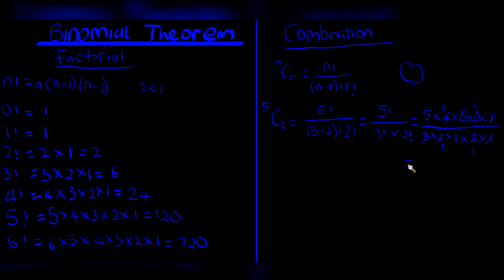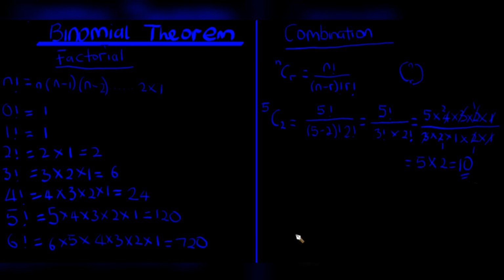And in the end, we are left with 5 times 2 equal to 10. So 5 combination 2 gave us at the end 10. That would be the value of 5 combination 2.